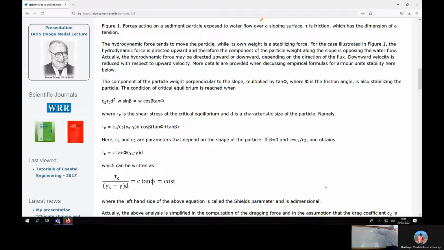Tau is equal to C times gamma s minus gamma b square, okay, times cos beta divided by d squared times tan phi plus tan beta.